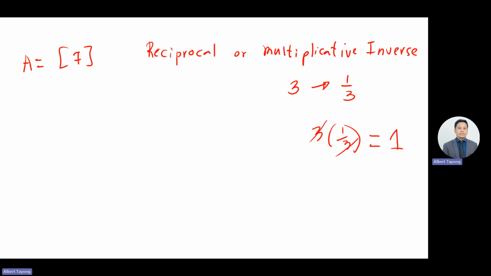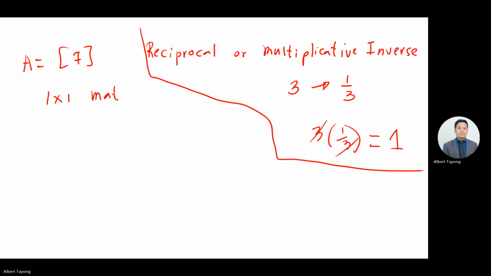So it's very simple to find the inverse of a 1 by 1 matrix. When I say 1 by 1, it has only one row and one column. So it's very, very simple. Now, by the way, an inverse of a matrix is only possible if we have a square matrix.